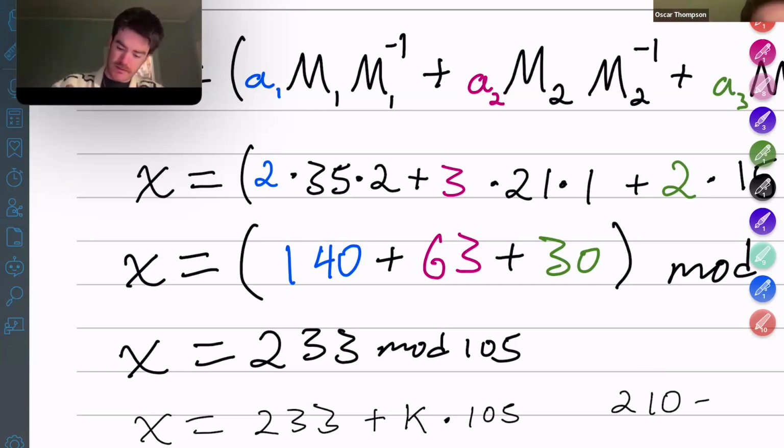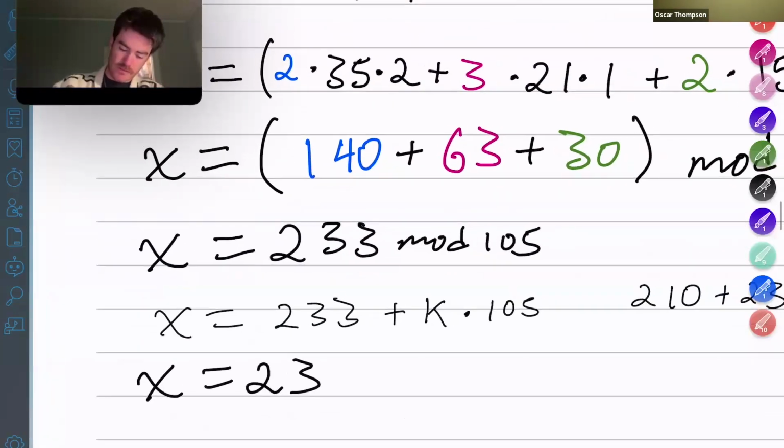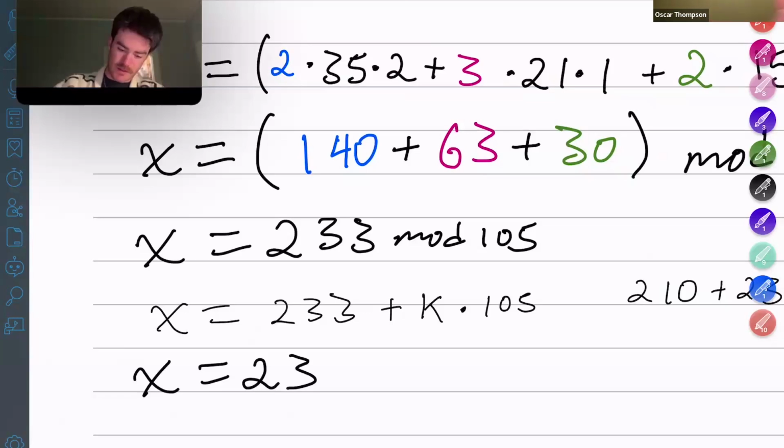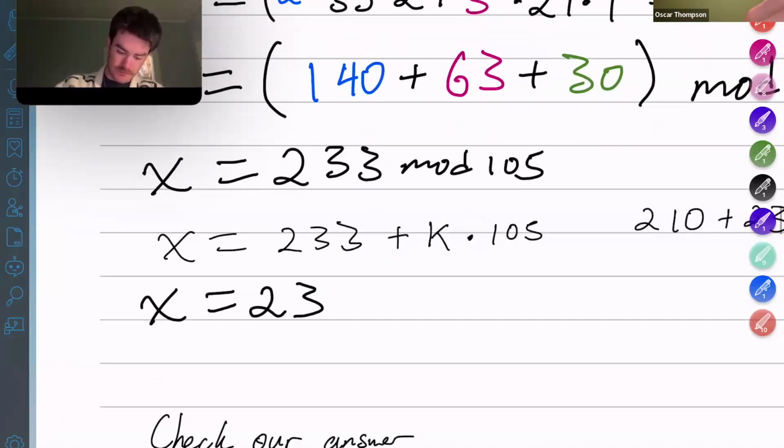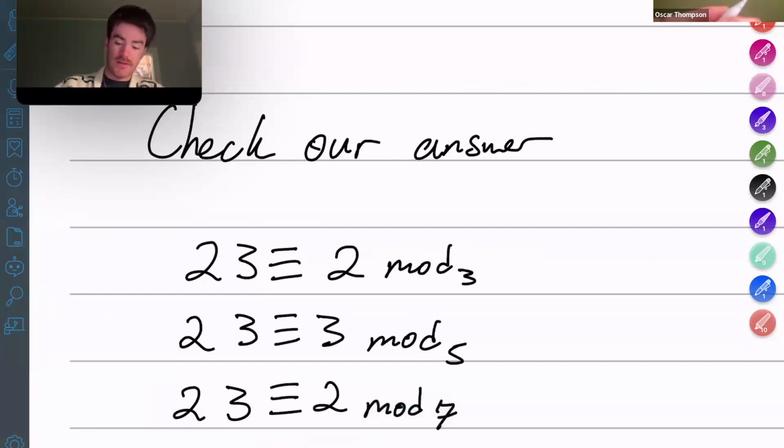Okay, so 210 plus what gets us 233? That's going to be 23. So x equals 23. Now we can check our answer. 23 is 2 mod 3, 23 is 3 mod 5, and 23 is 2 mod 7. This is what we wanted in the first place, and this makes everything really nice and convenient.